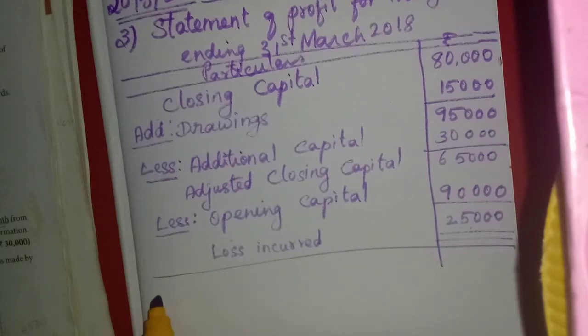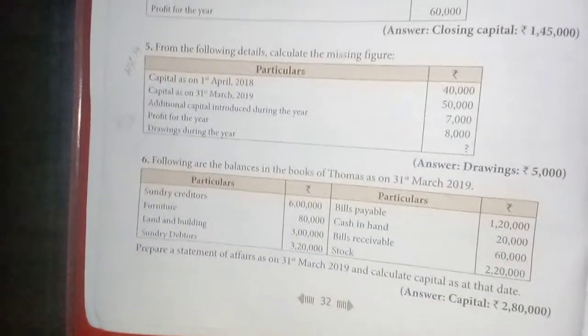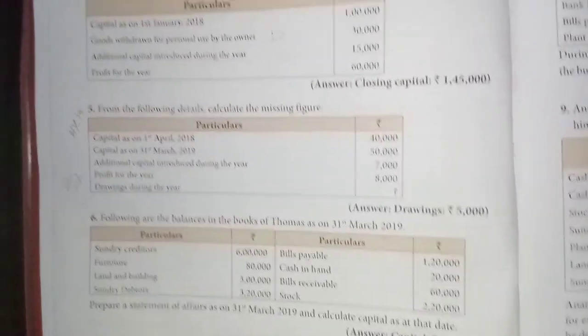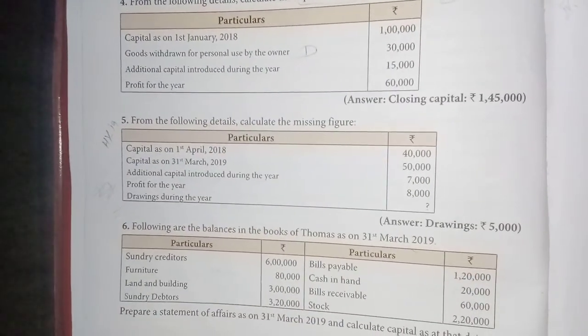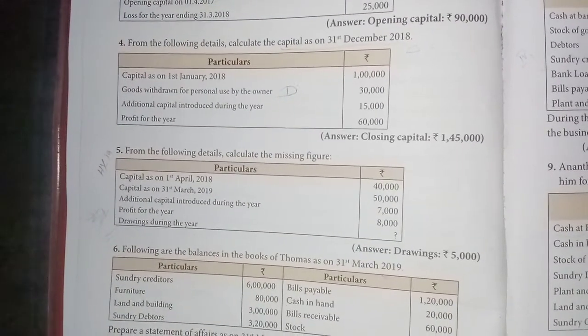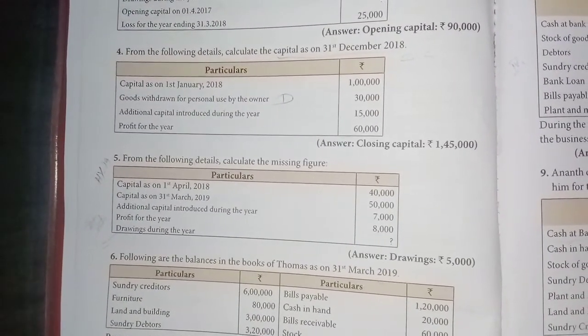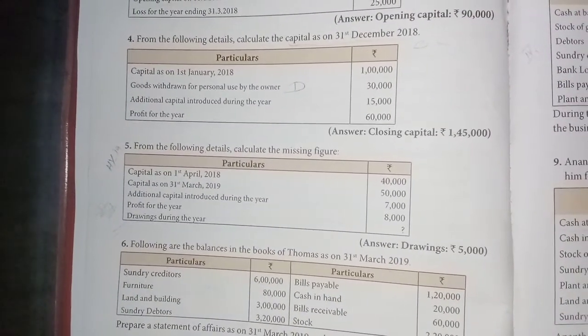Okay, now the fourth one we will do. Before that I will show the problem for you. The fourth one. From the following details, calculate capital as on 31st December 2018. Opening capital given.